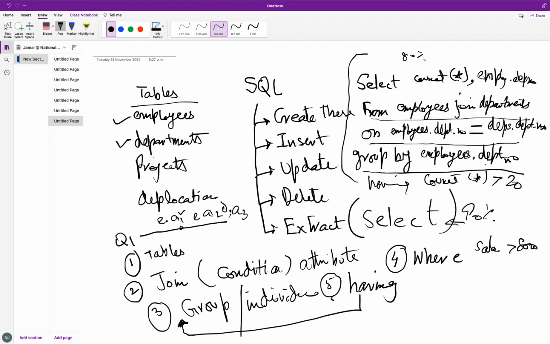Then definitely there would be one question asking you to provide the SQL create statement for those particular 2 or 3 tables. So a create statement would definitely be there. And in terms of update and insert, I'm not sure, but I don't think they would be there. So 95% of the SQL would be based on the select clause.